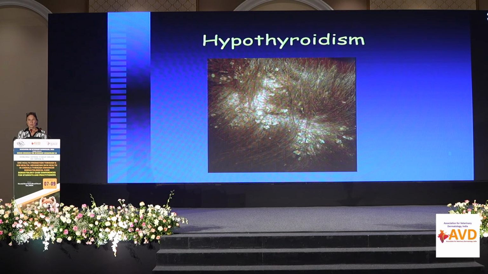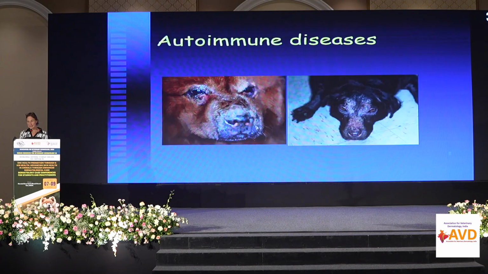Hypothyroid dogs can develop secondary pyoderma, plus their sebum is not normal, so they are prone to this crusty, scaly presentation. But once again, it's very important to clean up the secondary bacterial components so that you can reassess and see what is left.